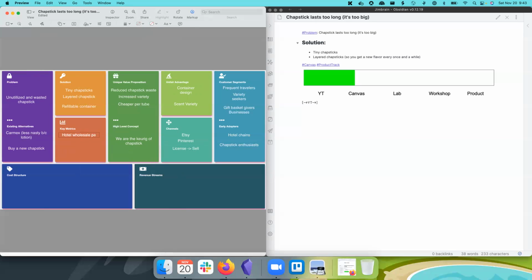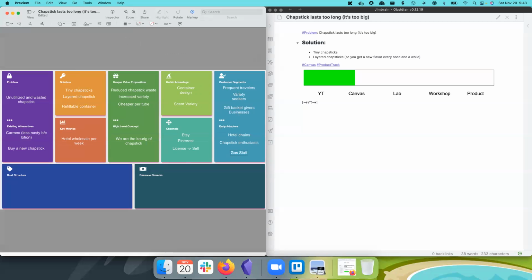Yeah, I think you're right. I don't think this is actually an idea for an end consumer. No, I think hotels make a lot of sense. And then selling to a gas station or something, but also at a gas station it's like, oh, I need chapstick.